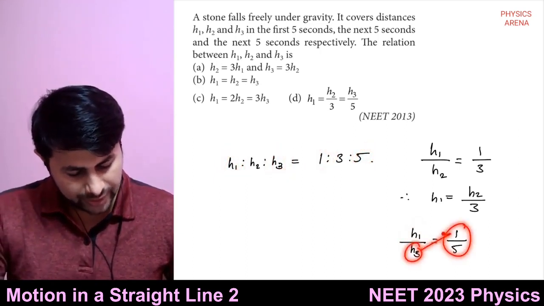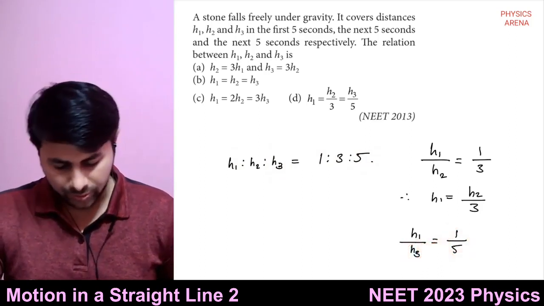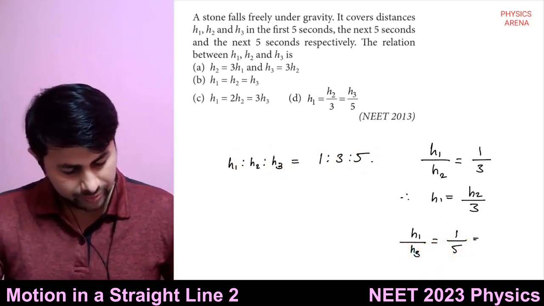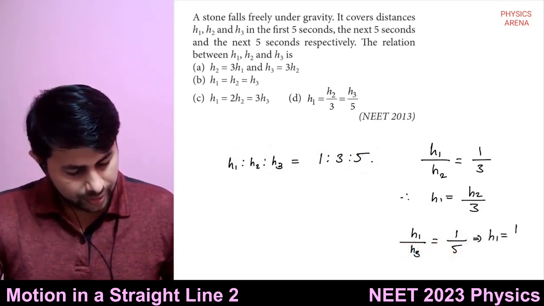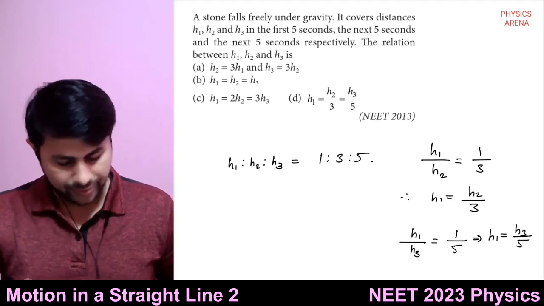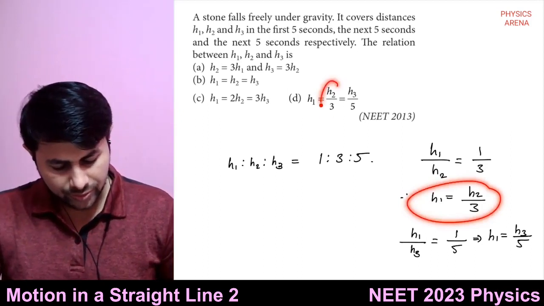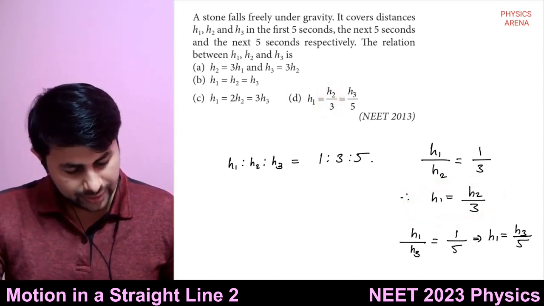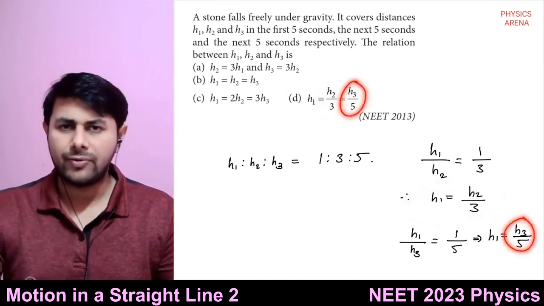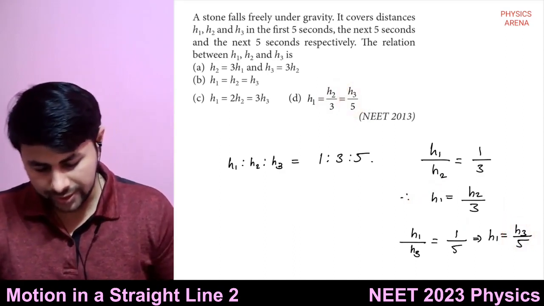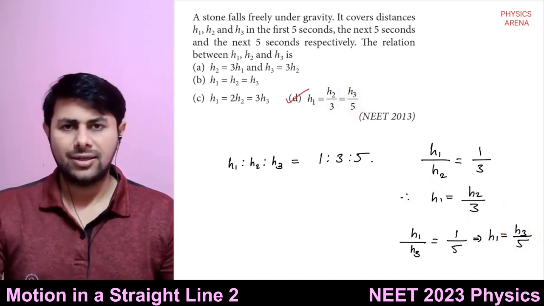I can move h3 to the right hand side, so h1 is equal to h3 divided by 5. So h1 is equal to h2 divided by 3, and it is h3 divided by 5. Simple. So this is the answer.